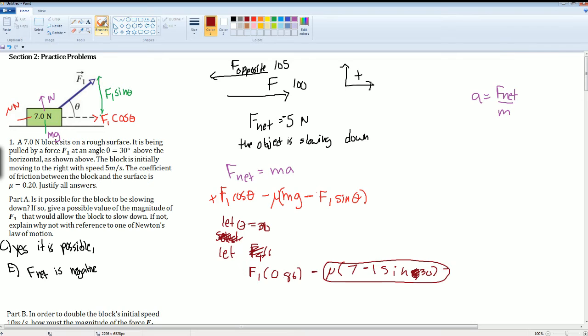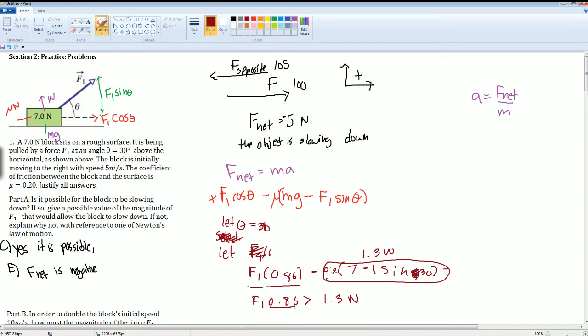I could also make the substitution here. We know that as 0.2. So all this will become 1.3 newtons. So you want to select F1 to be greater than 1.3 newtons.